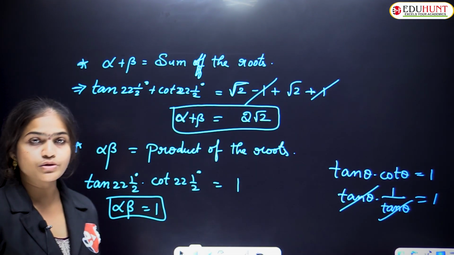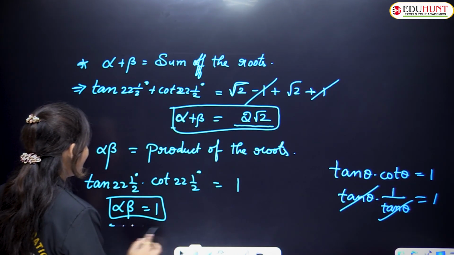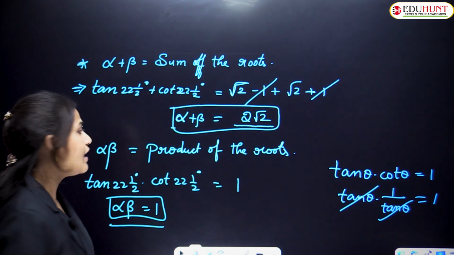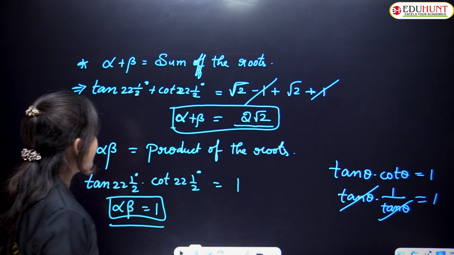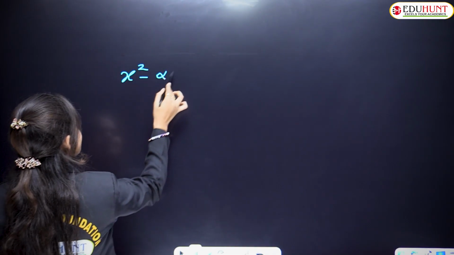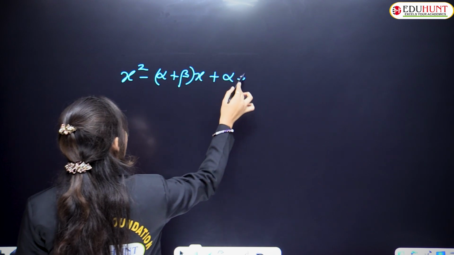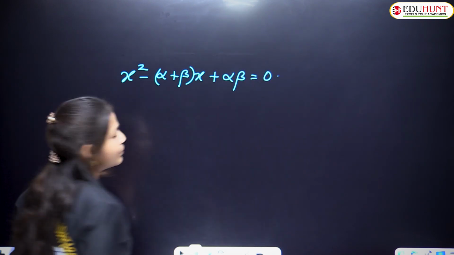We got the two values. Alpha plus beta is equal to 2 root 2, and alpha into beta is equal to 1. Now we need to find the equation. If the roots are given, the equation form is x square minus (sum of the roots) into x plus product of the roots is equal to 0.